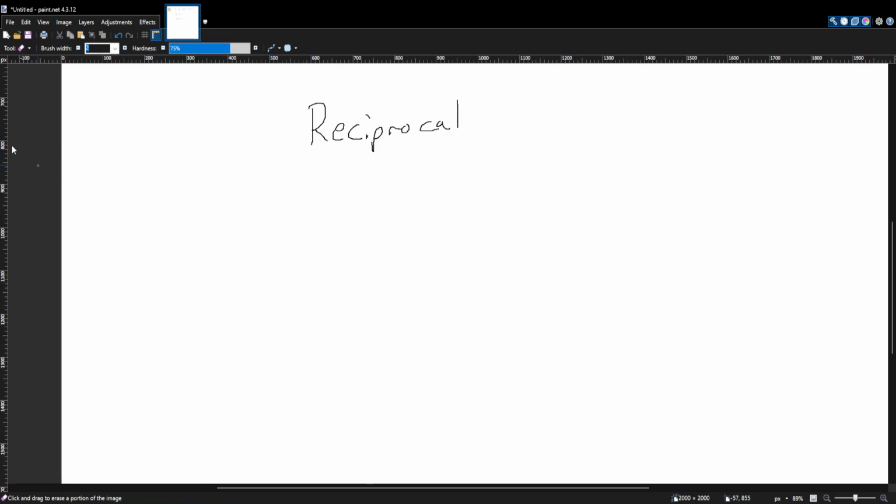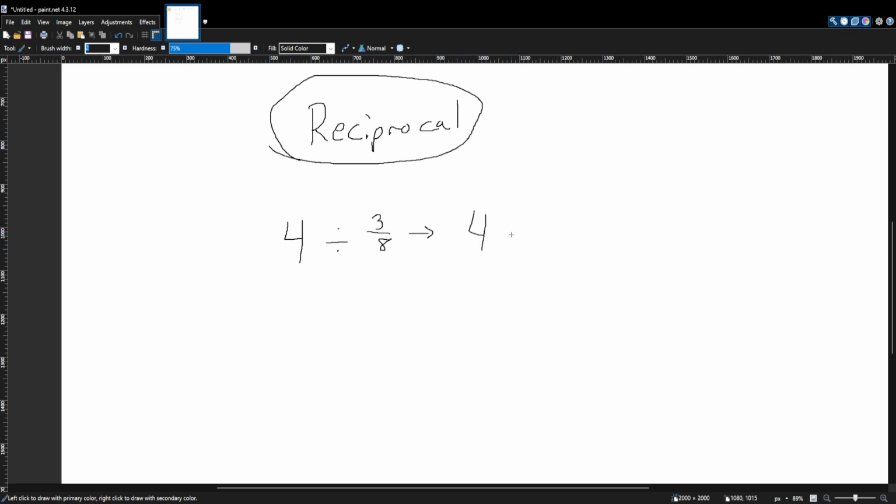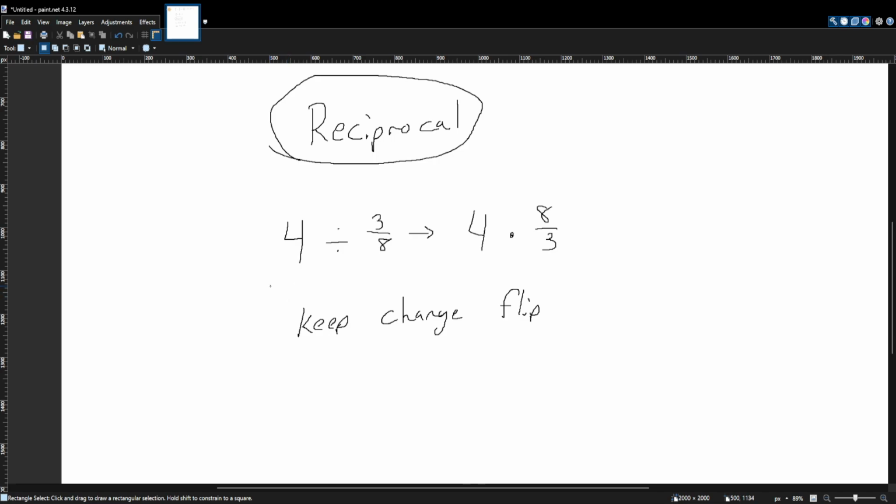This 4 that we talked about previously, divided by 3/8, when we turn this into a multiplication problem using the reciprocal, it became 4 times 8/3. And so we're going to keep the first number, change the sign, and then flip the second fraction. Some of my students refer to this as keep, change, flip.